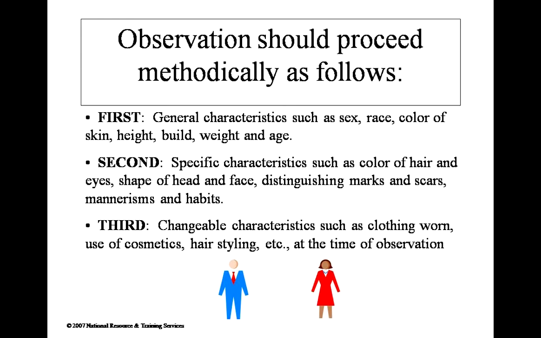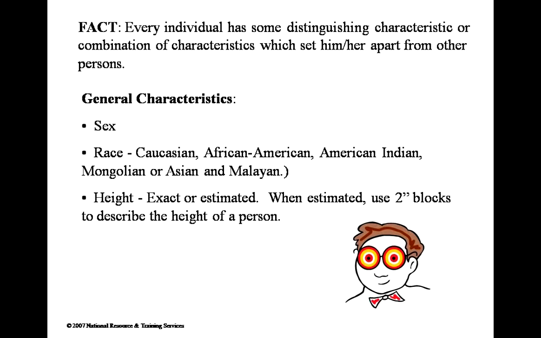Thirdly, changeable characteristics such as the clothing worn, use of cosmetics, hairstyle, and so forth at the time of observation. Every individual has some distinguishing characteristic or combination of characteristics which will set him or her apart from other persons.